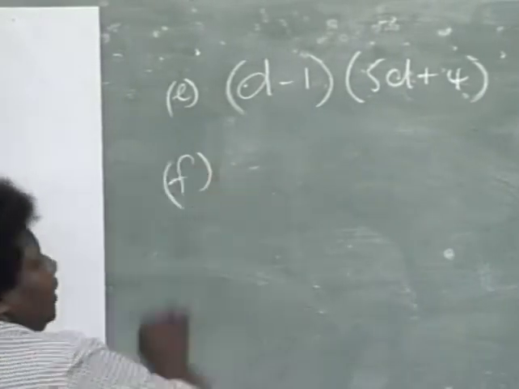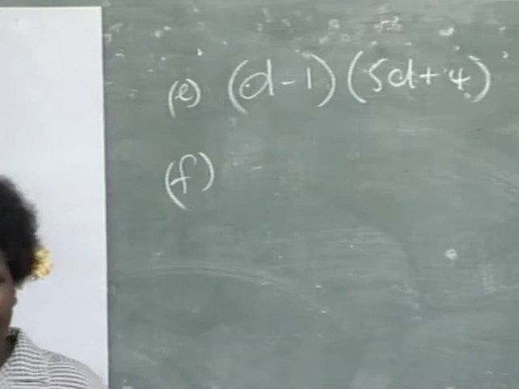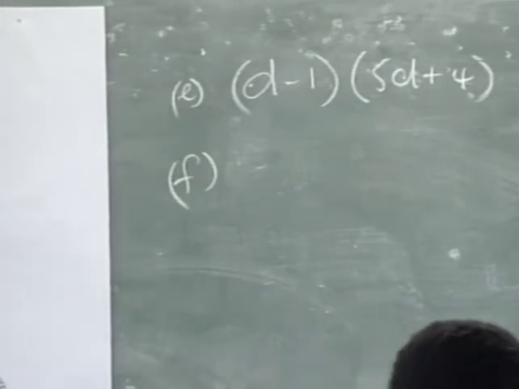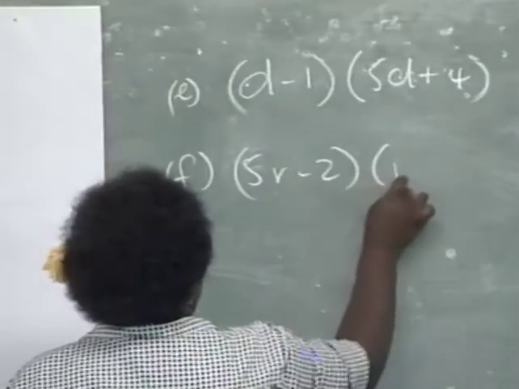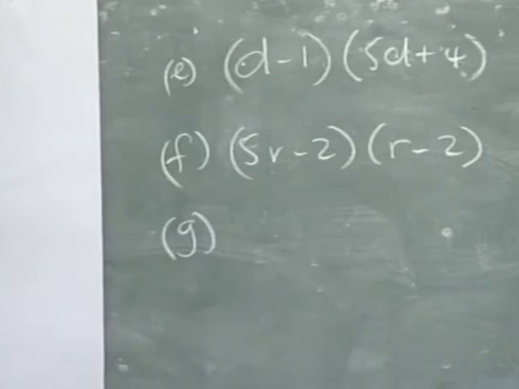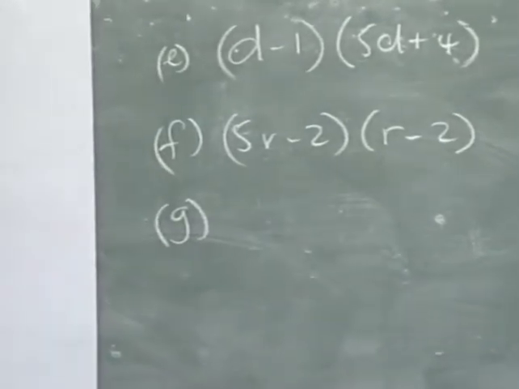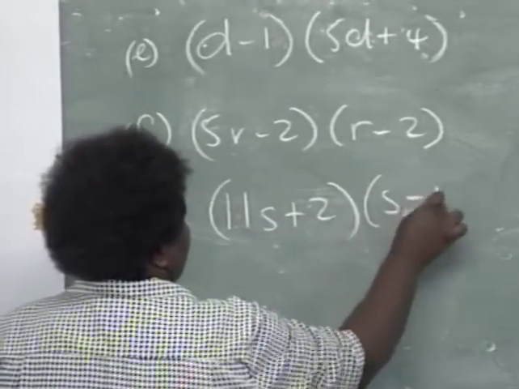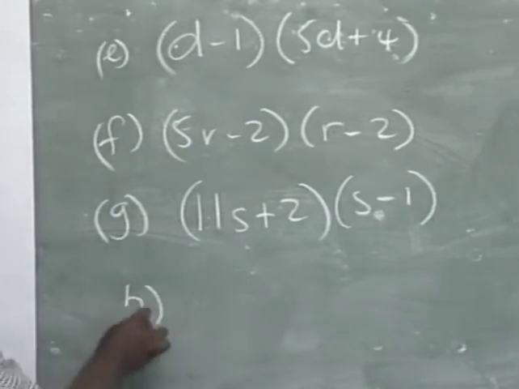All right, Kyle, letter F. 5r minus 2 times r minus 2. R minus 2, okay. Letter G, Kila. 11s plus 2 multiplied by s minus 1. 11s plus 2 times s minus 1.